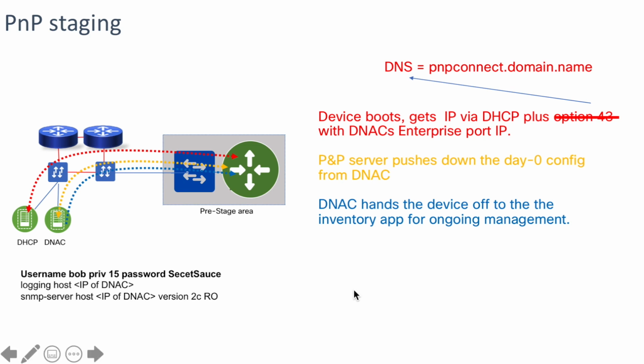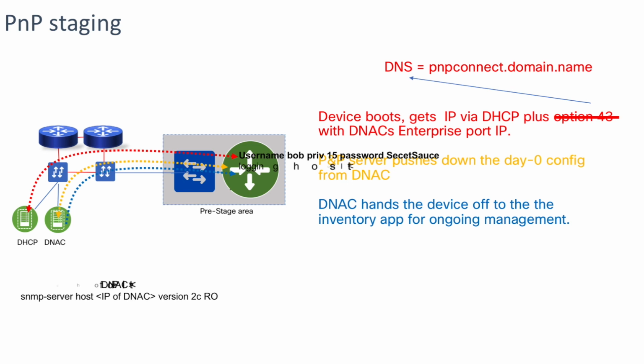This includes username, password, protocols used to manage the box in SSH, telnet, plus some SNMP read-write strings. And these are all pushed as part of the day zero onboarding process. But note, they're not configurations that are pushed within the templates we write under the template editor. They are configurations that are pushed after that template has been pushed, and they're pushed via the inventory application.